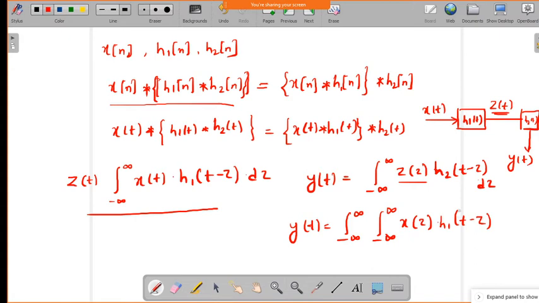Here also we are taking the variable t minus tau, so instead we can take some other variable, otherwise we will get confused.